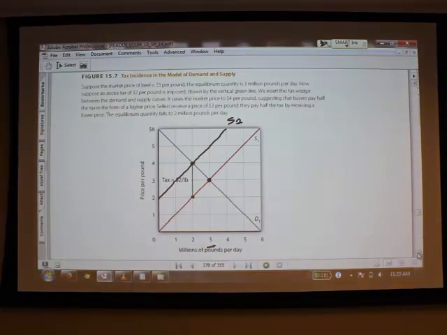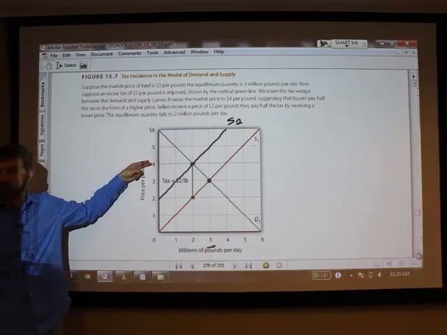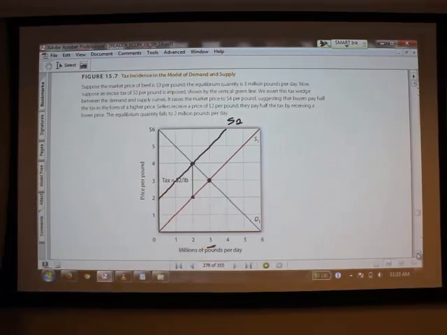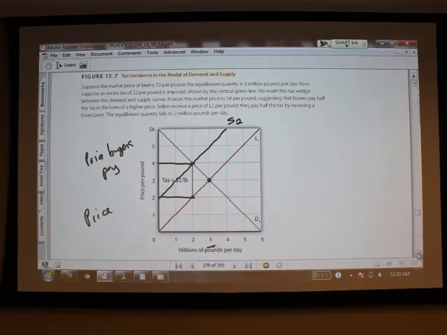Only $2. So the consumers are paying $4 for the beef. The sellers, who are required to pay the tax, give half of that to the government and keep $2 for themselves. In other words, $4 is the price buyers pay, and $2 is the price sellers receive. And then this amount here is what? Tax revenue. Right? This is all the money that the government raised as a result of this tax.